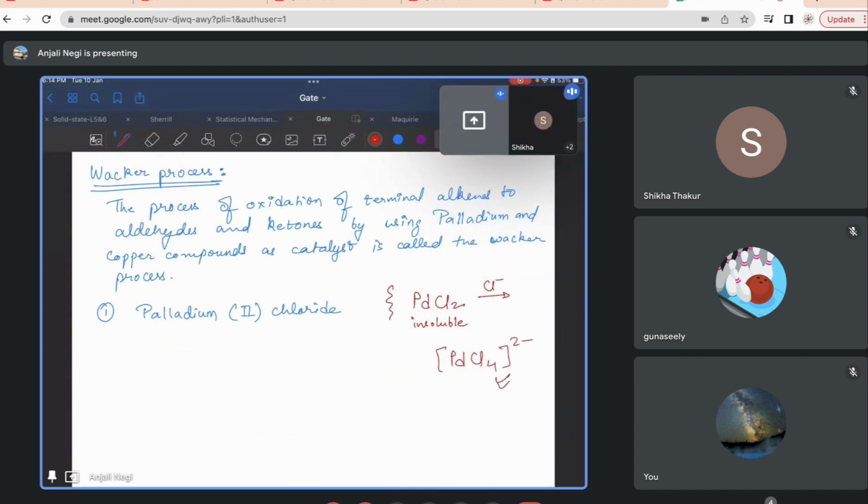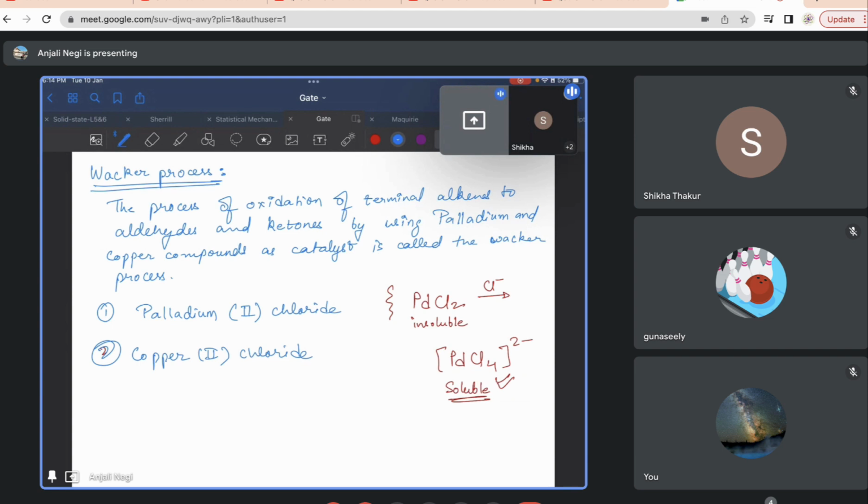So this is the correct option, in the case of palladium chloride, because this is soluble in water. And the number two is copper 2 chloride.